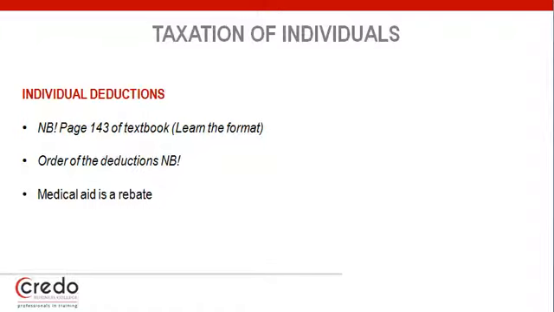Okay, we have donations. In order to encourage charitable contributions, donations are allowed as a deduction. The donation has to be to a public benefit organization that is approved by SARS in terms of section 30. A public benefit organization is any institution, board or body which carries on public benefit activities in South Africa or meets the additional requirements as prescribed by the minister.